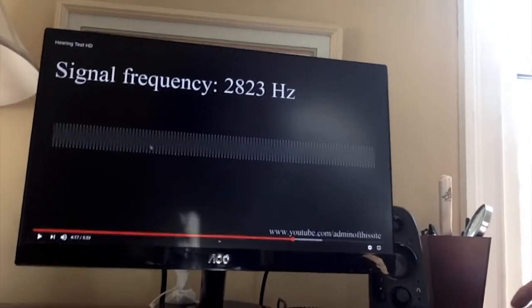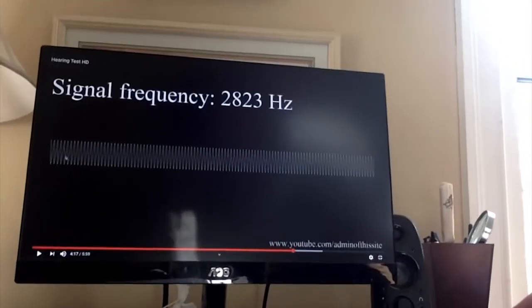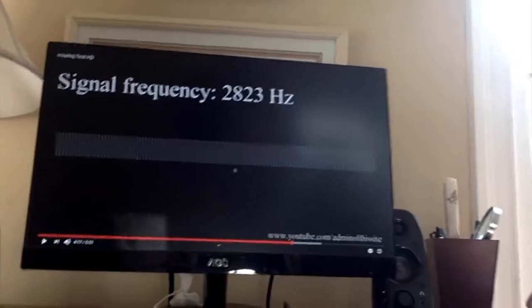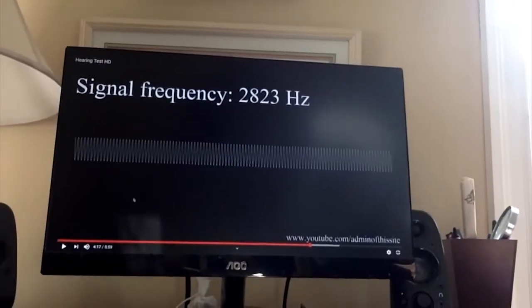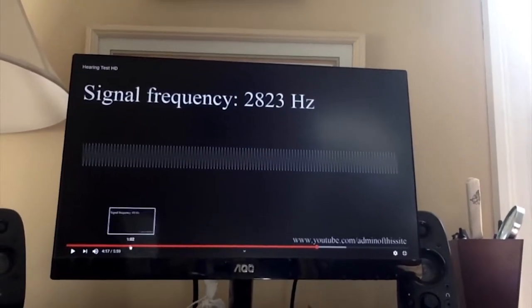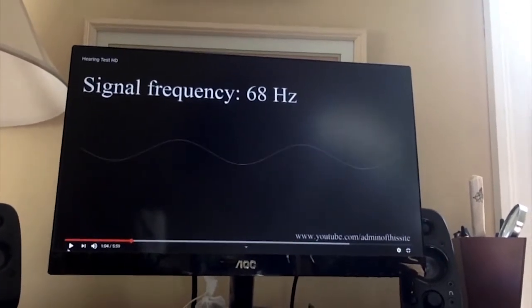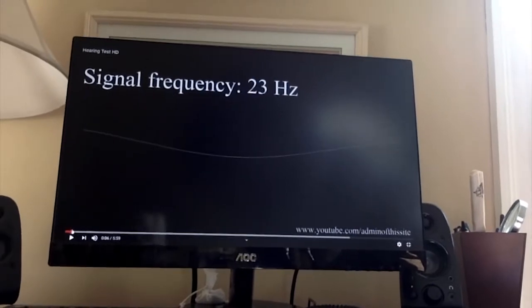And you can actually see the difference on the screen here between this very high frequency wave that is really piercing to our ears, and back here at the beginning, comparatively a much lower frequency wave.